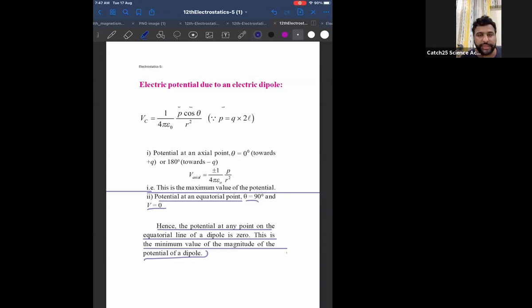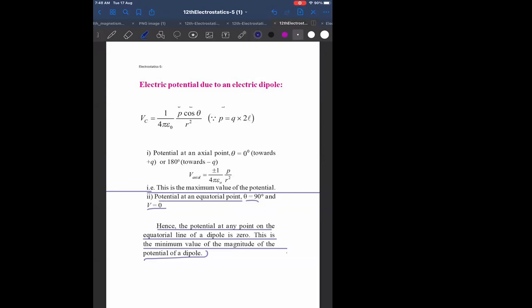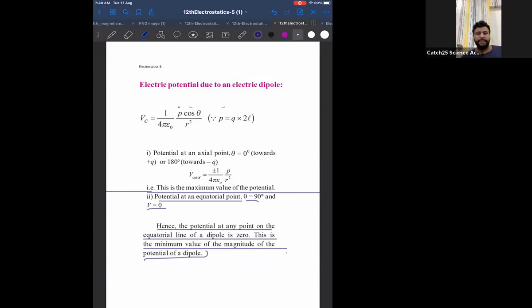They are the same formula but different variations, when theta equals 0 and when theta equals 90. Last 30 seconds. Put a dot once you finish writing.